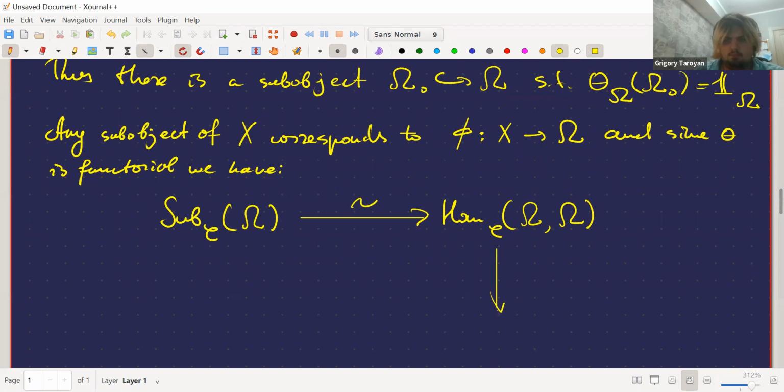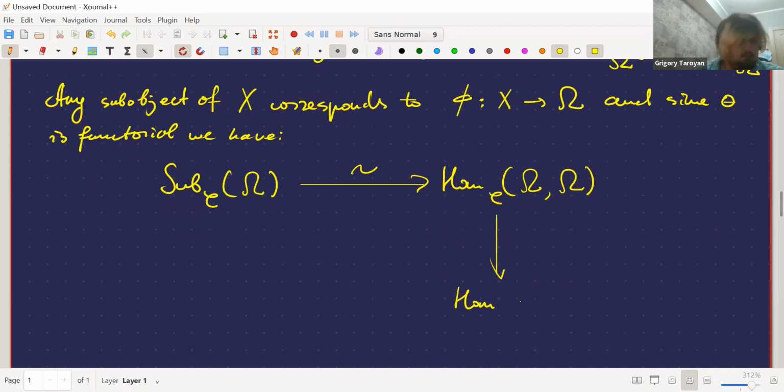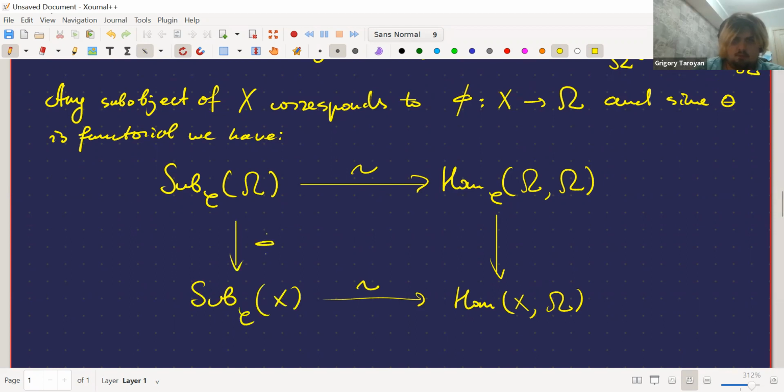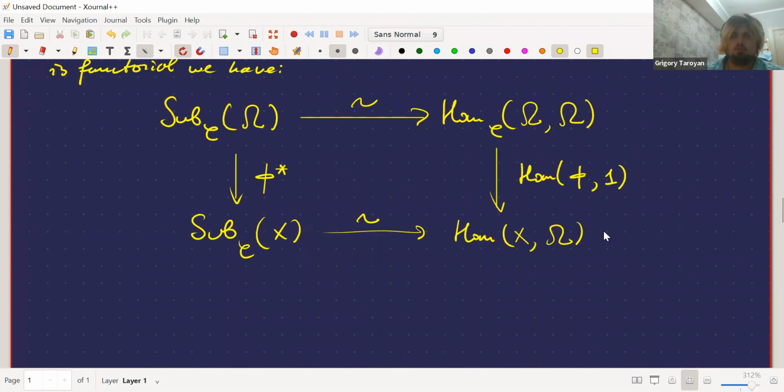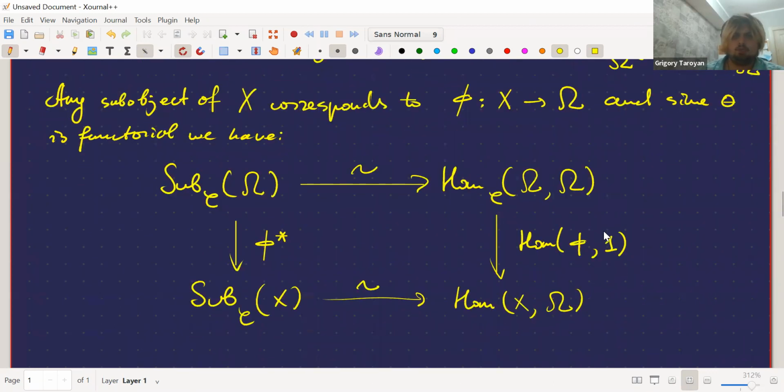Here we have a map induced by phi. And here we have an equivalence once again. And here we just have phi, better still phi star. So here we have phi 1. And so at the level of objects, this equivalence amounts to the following.